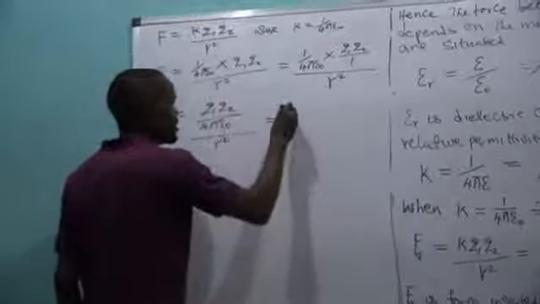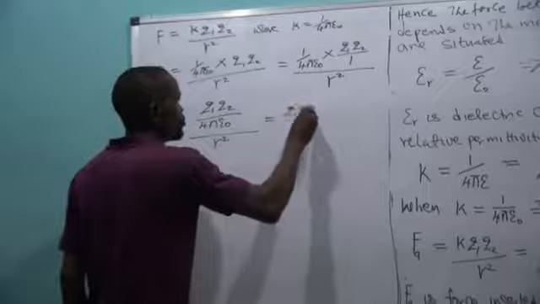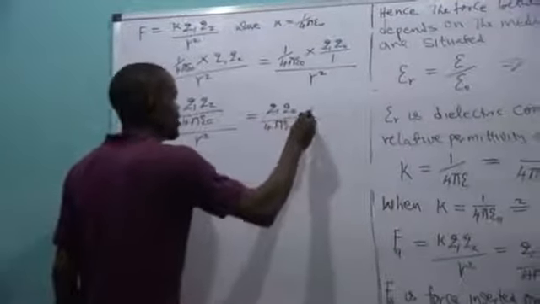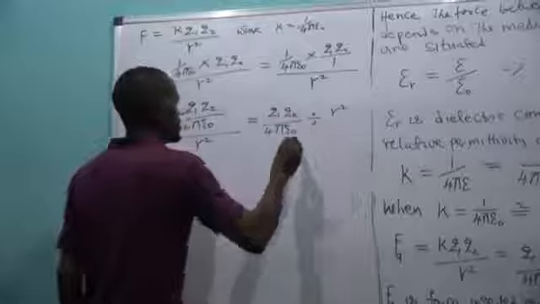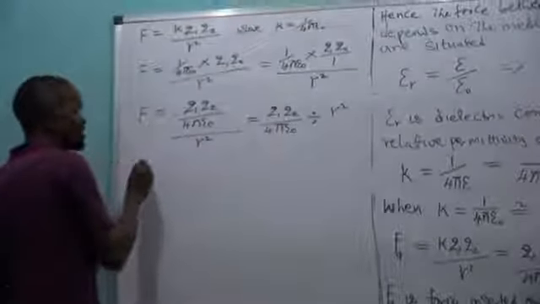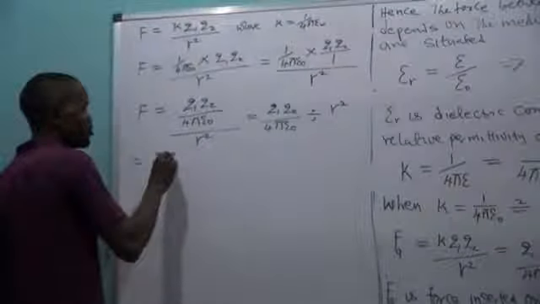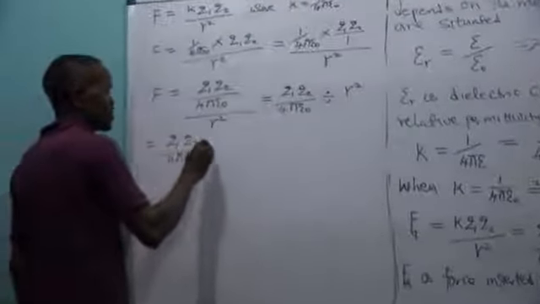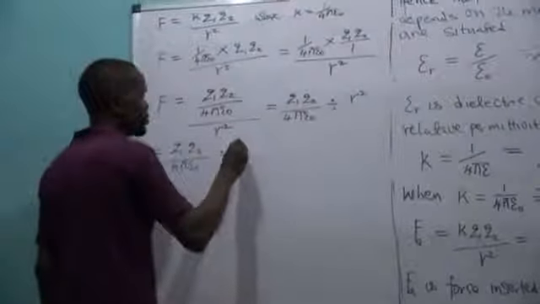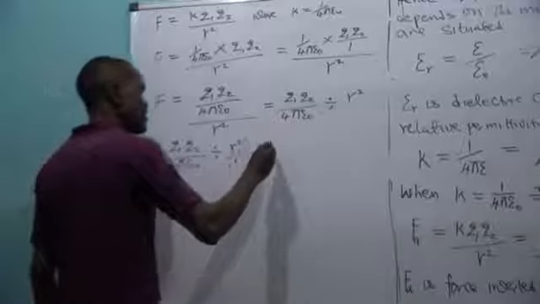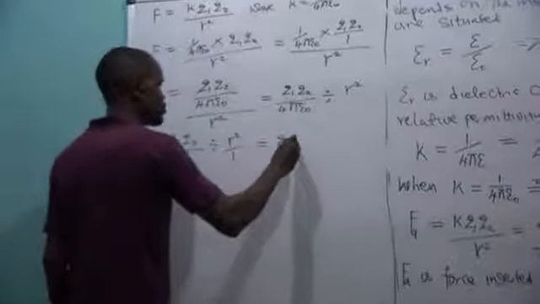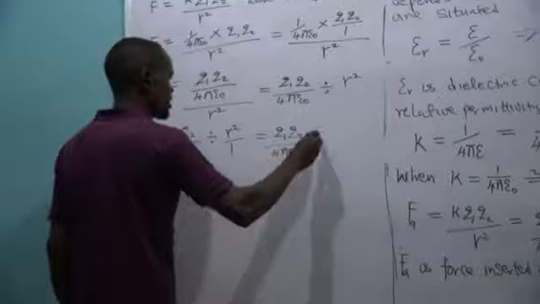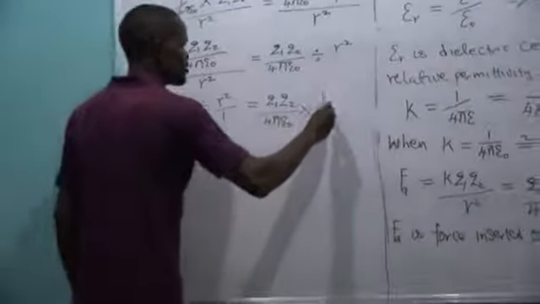And this can be written as Q1 Q2 all over 4 pi epsilon O divided by R squared over 1, and this can be written as Q1 Q2 all over 4 pi epsilon O times 1 all over R squared.